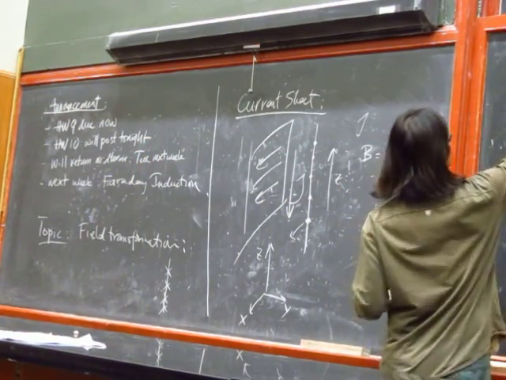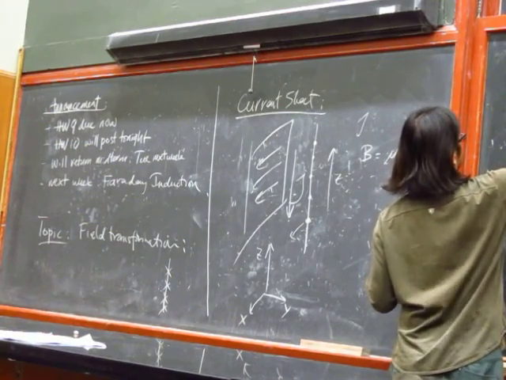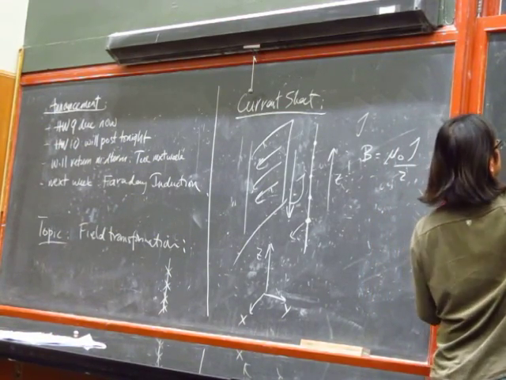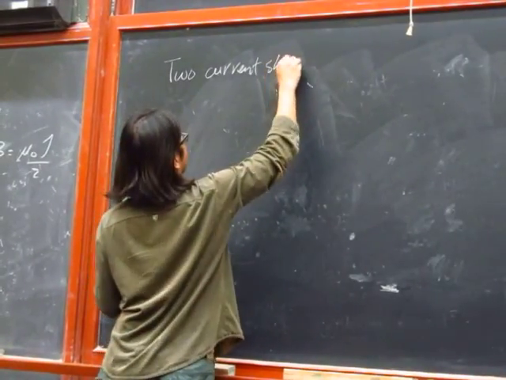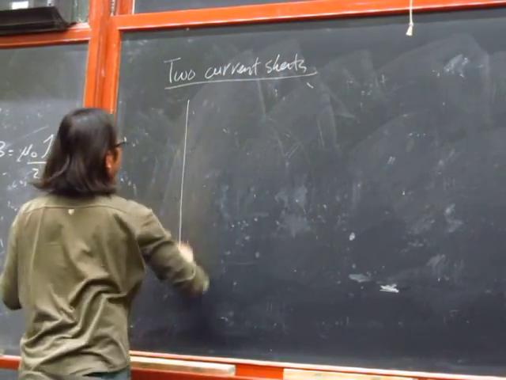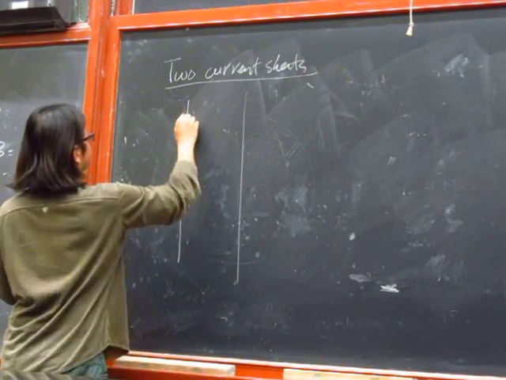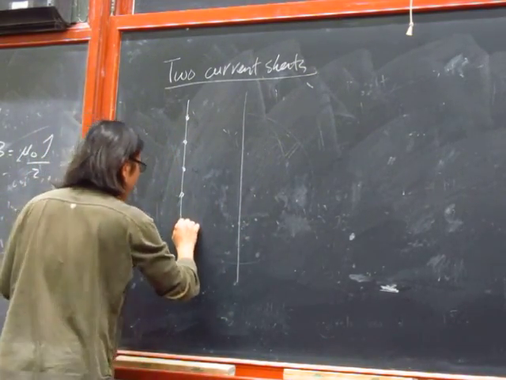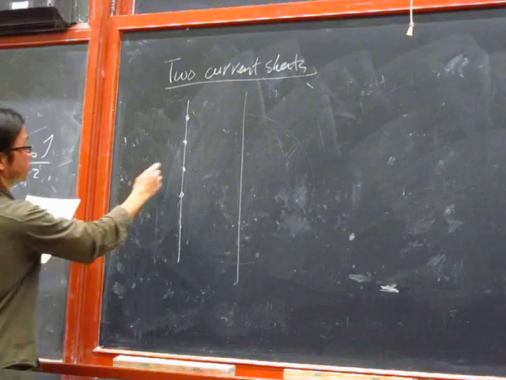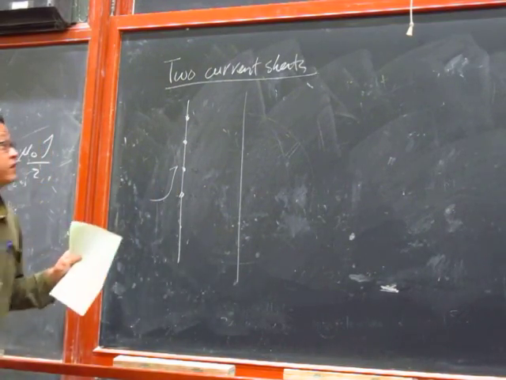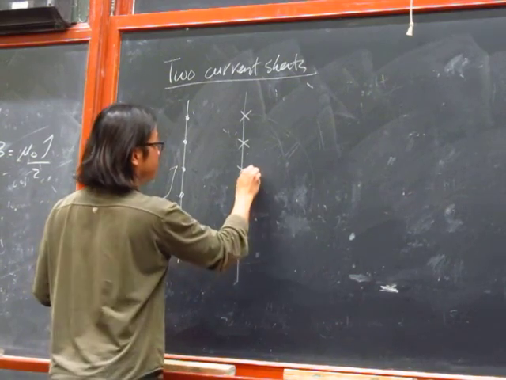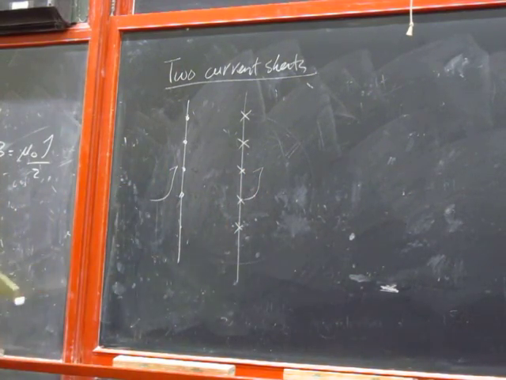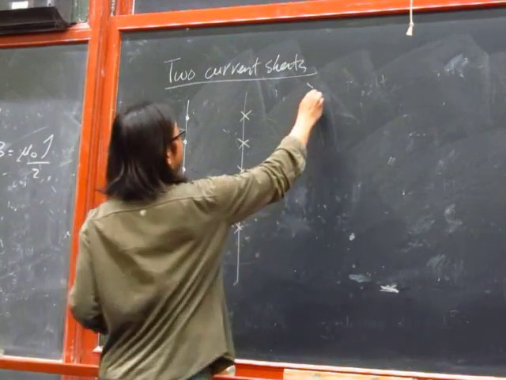Now, if I have two of them, just like plates of a capacitor, two currents. And in one of them, the current is going outward, J, and in the other one, the current is going inward, also J. Then you can just use the principle of superposition.